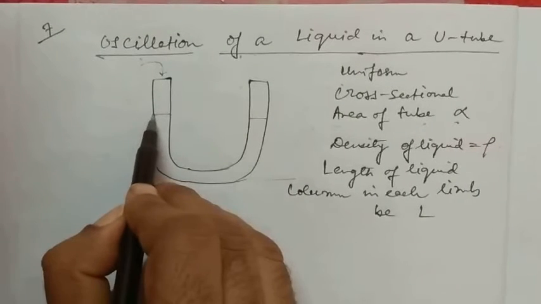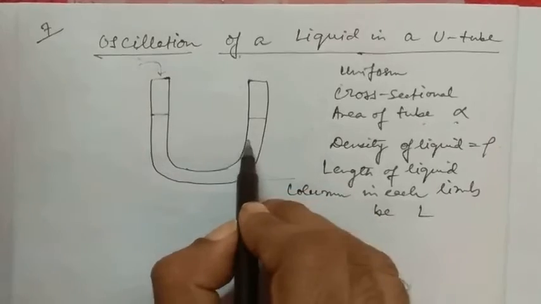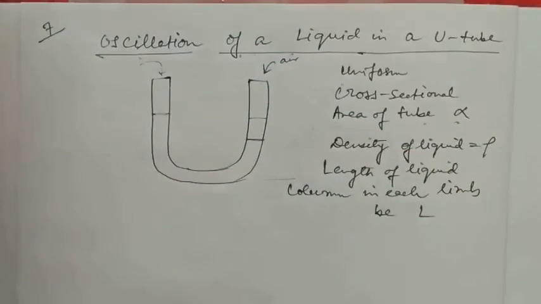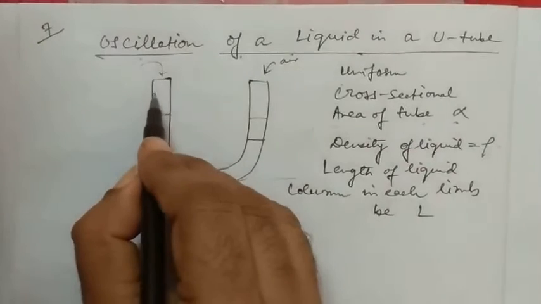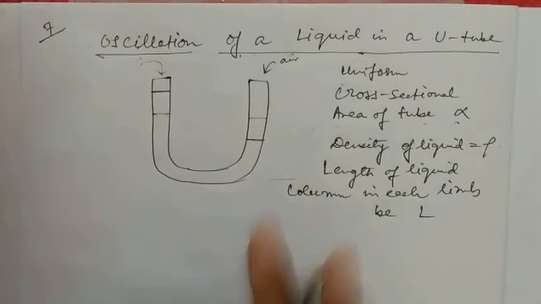So the level of the liquid in one limb will get depressed if we force in air through our mouth, and the liquid level rises to the same height in the other limb, because the cross-sectional area is uniform for both the limbs.